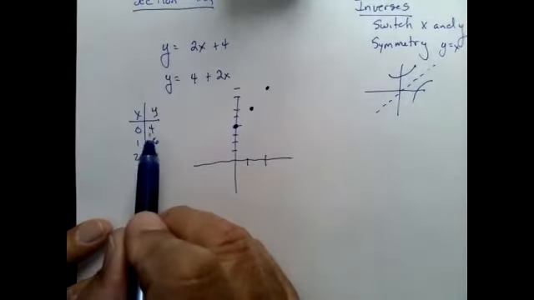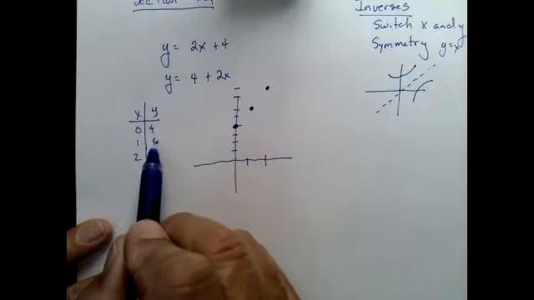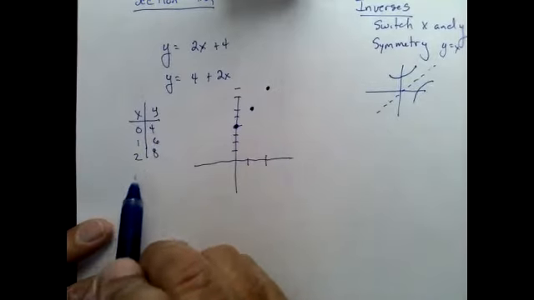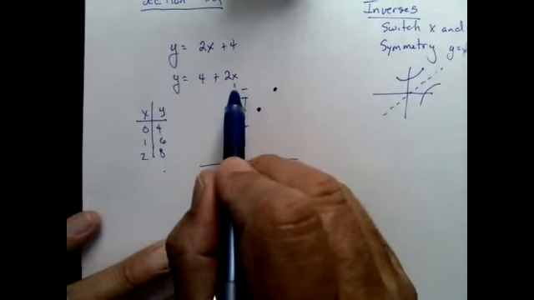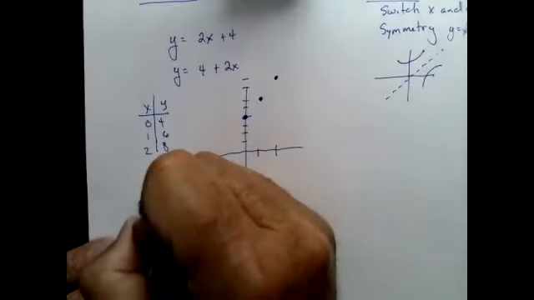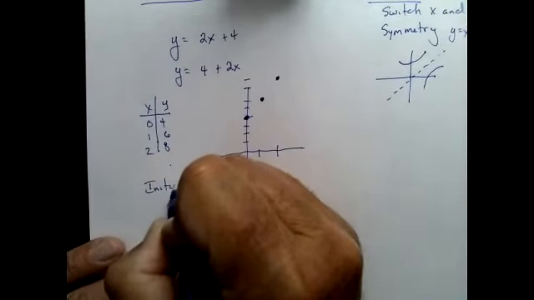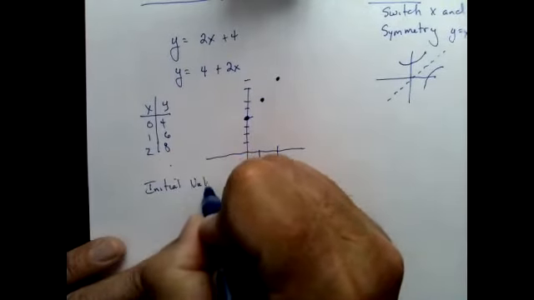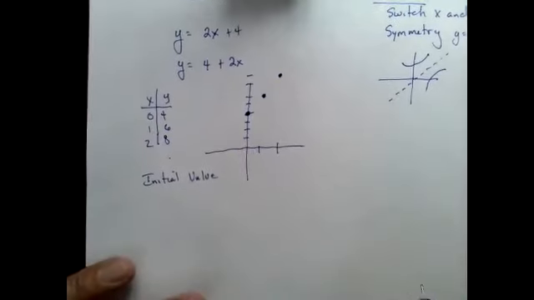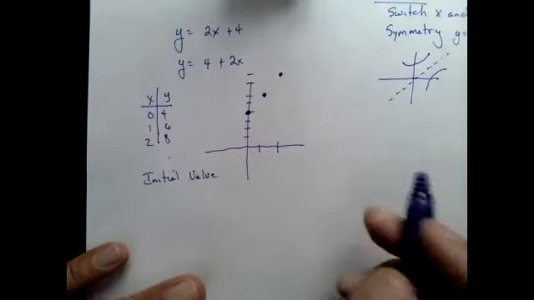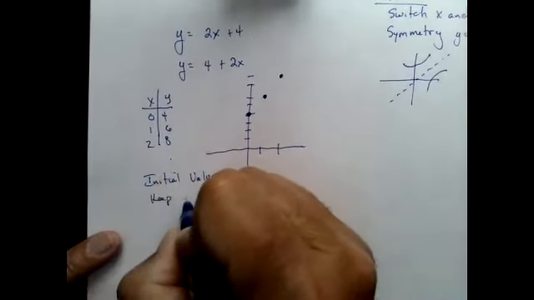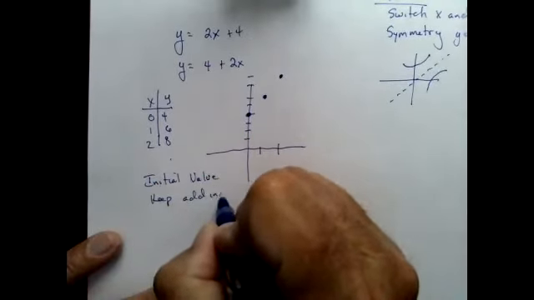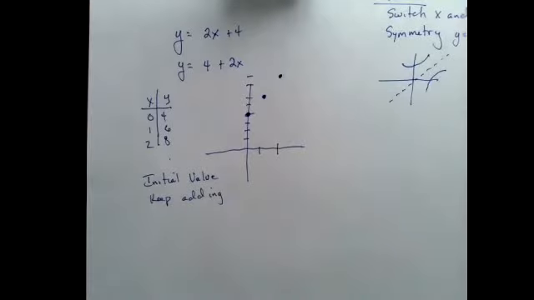So my initial value was 4. At 1, I added 2. At 2, I added 2. At 3, I'd add 2. And this is repetitive addition. I added the initial value. In our math world, like I said, we call it the y-intercept, and then I keep adding. Does that make sense?